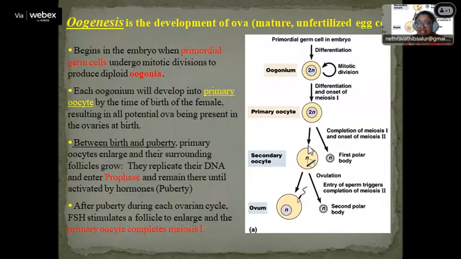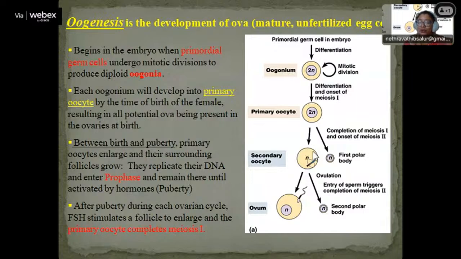Remember, only when the sperm fertilizes the egg, the secondary oocyte will form into ovum. If not, they will degenerate. When the secondary oocyte undergoes division, it will form the ootid or ovum and second polar body.